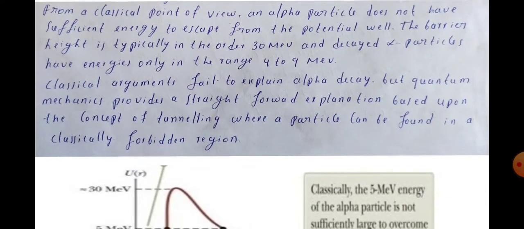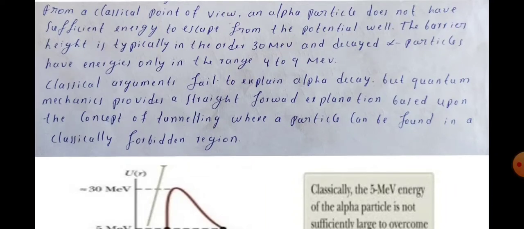The next point is that from a classical point of view, an alpha particle does not have sufficient energy to escape from the potential well. The barrier height is typically of the order of 30 MeV, and decayed alpha particles have energies only in the range 4 to 9 MeV.